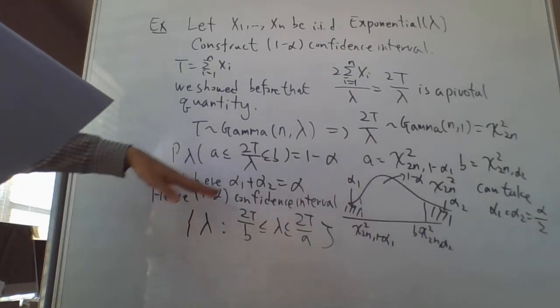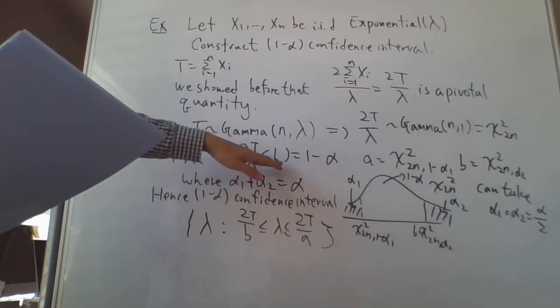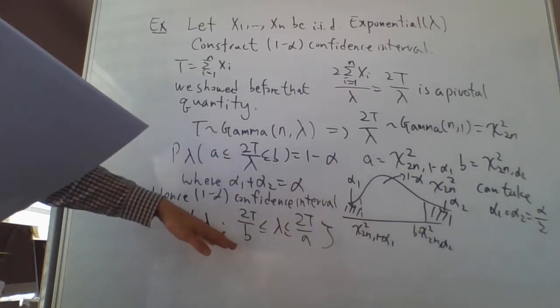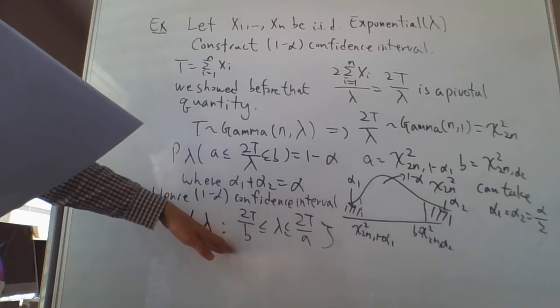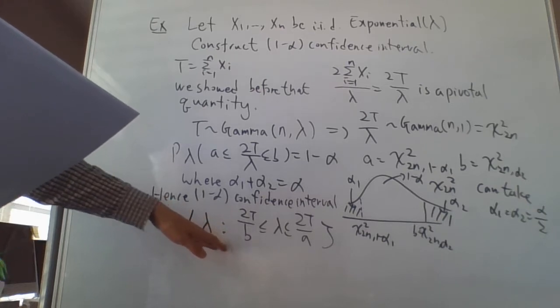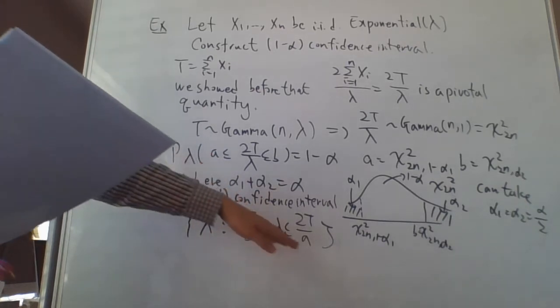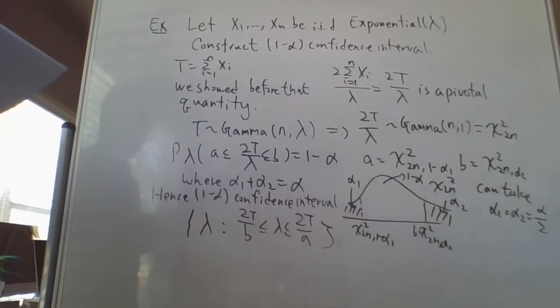Then you can see that this b is the component in the lower bound in terms of lambda, and a is the component in the upper bound. So let me give another example.